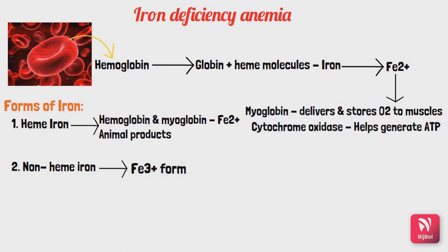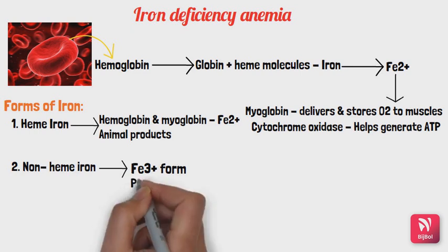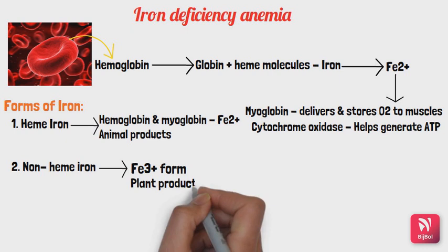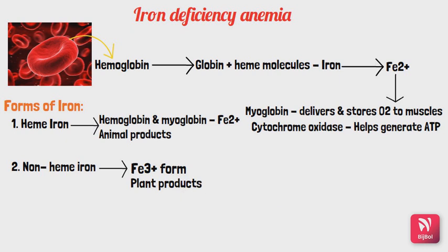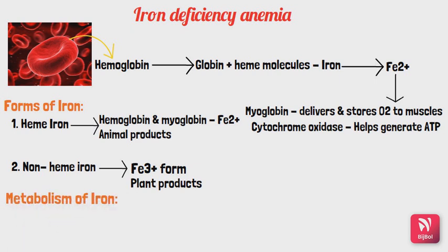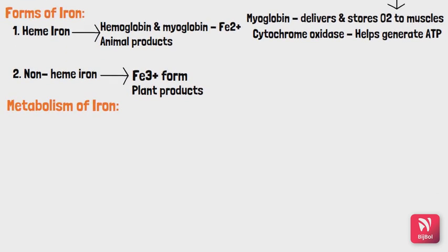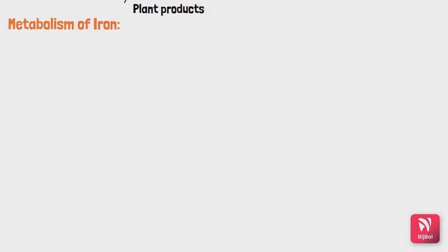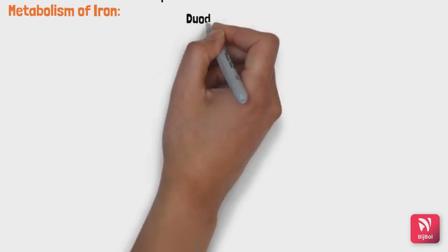So before talking about iron deficiency anemia, let's discuss how iron is obtained from the diet, where it is absorbed, and what results in iron deficiency anemia. So let's talk about the metabolism of iron. Most of the iron obtained from the diet is absorbed in duodenal cells.